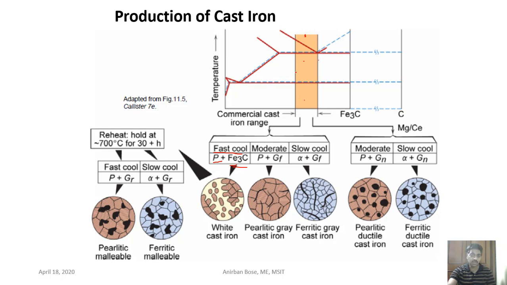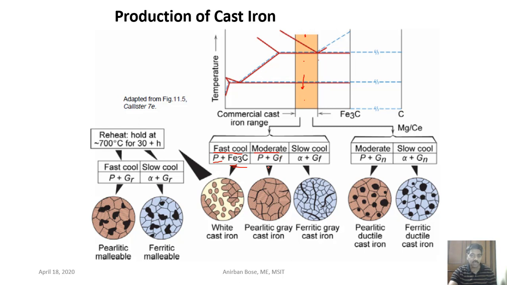Now if you cool it moderately, giving sufficient time, then a pearlite structure will be there, and along with the austenite now comes graphite flakes. Here you can see it will become graphite flakes. F indicates the flakes.